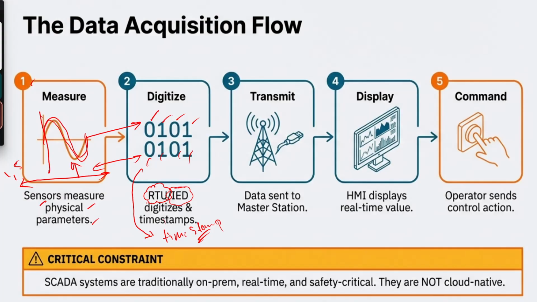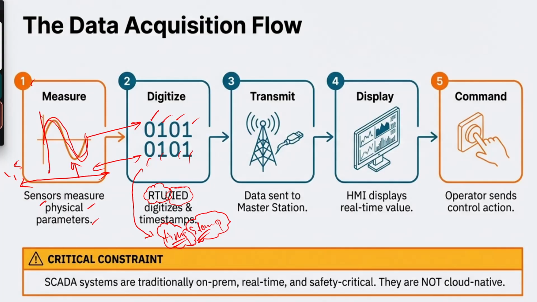Now if we don't have the timestamp, how do we measure the sequence of the events, correct? So it is always important that we add the timestamp. By default the RTUs and IEDs are very smart. So whenever they receive this analog signal, they will put a timestamp and they will do the digitalization, right? So this is the digitalization.